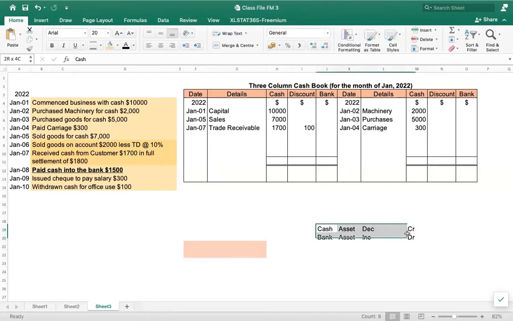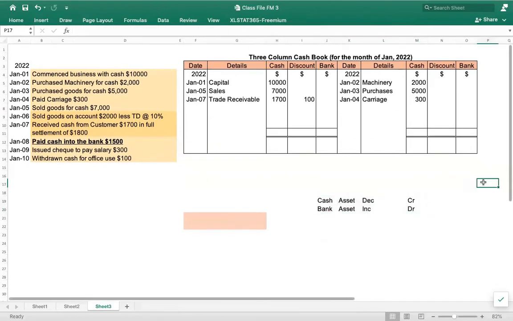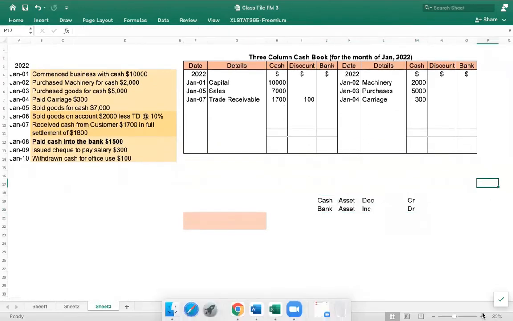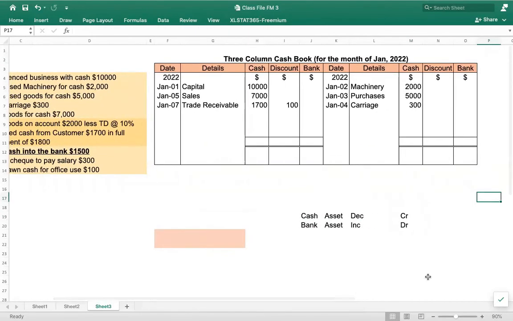Yes. Now how to record? See, this transaction will be recorded on both the sides. This is something new. We will record this transaction on both the sides. Ready? Now see, first I am going to record the debit. So which account is debit here? Bank. Yes, bank is debit because bank is increase in asset, debit.